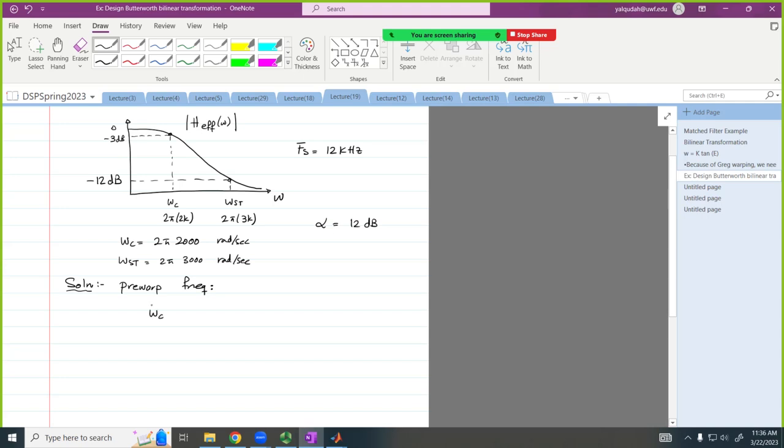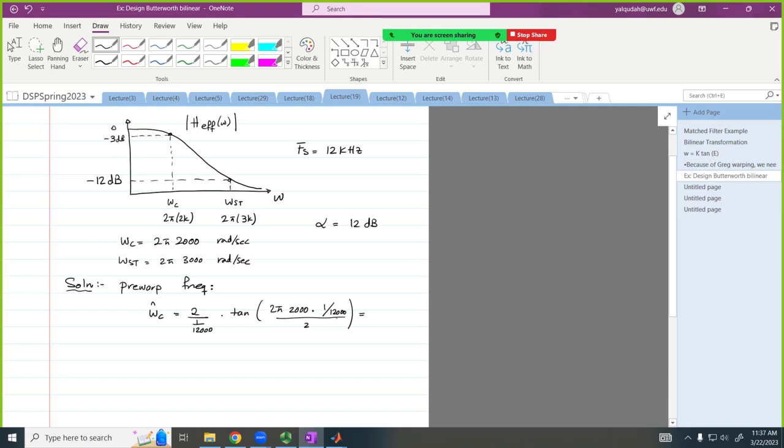So I'm going to calculate omega c hat, that is equal to 2 over T, which is 2 over 1 over 12,000, multiplied by tangent of omega cutoff, which is 2 pi multiplied by 2,000, multiplied by T, which is 1 over 12,000, and divided by 2.